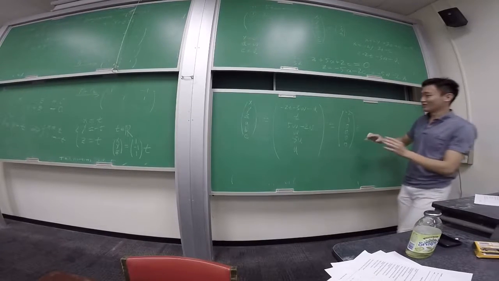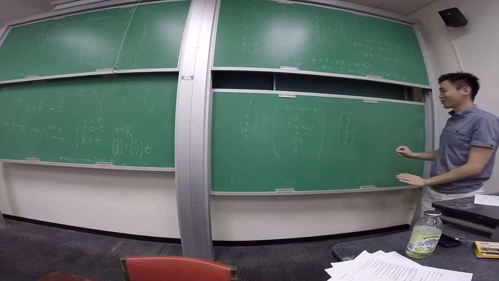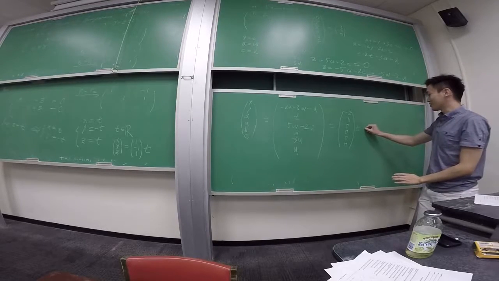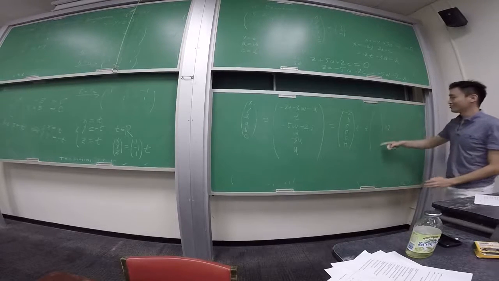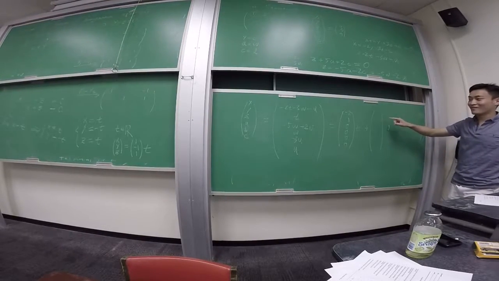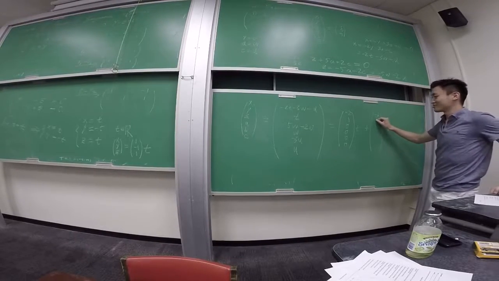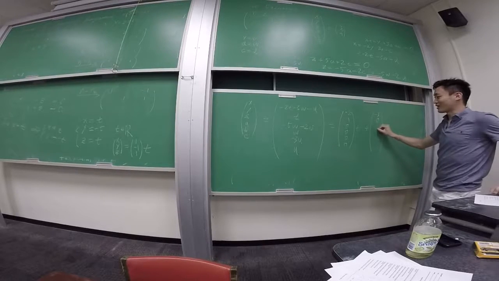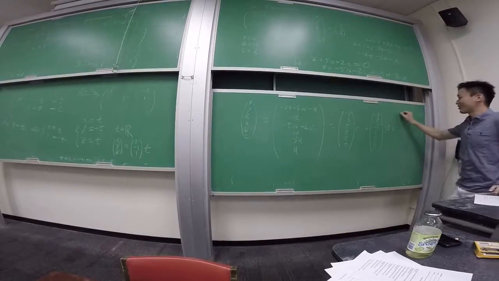Because I want to put these terms here. And then if I ask you for the column vector in front of w, what are all those coefficients? Negative 3, 0, negative 5, 1. Okay, so how about this u?